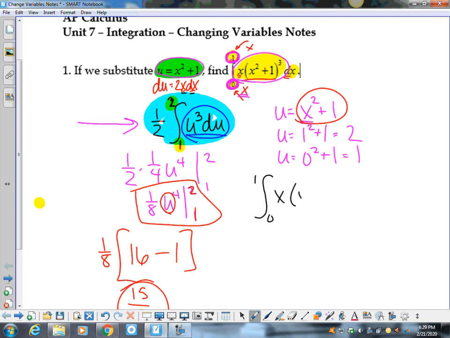Okay, now I want to redo this problem, and I want to do it the way you would have done it before I taught you this. So you would have let u be x squared plus 1. Your du would be 2x dx. You would need a 2, balance it with a 1/2.